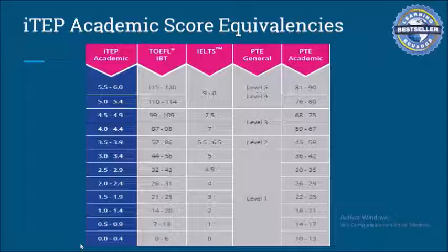That would be a score of 9.8 on the IELTS, and a level 5 on the Pearson PTE General, which would be a score of 81 to 90 on the Pearson PTE Academic.